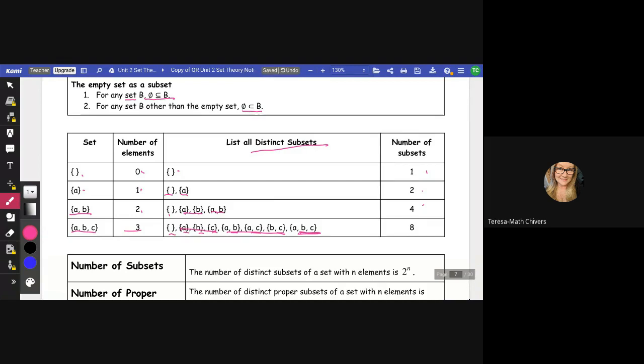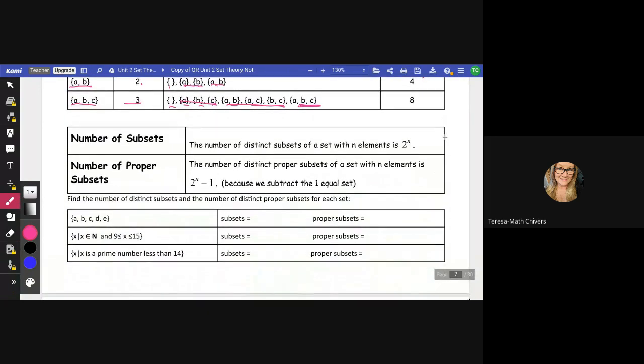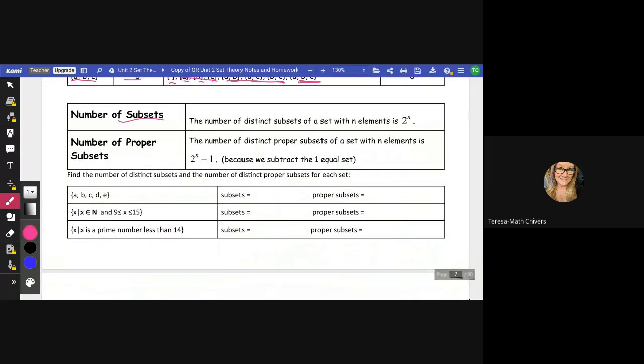And they listed all these alphabetically so they didn't accidentally duplicate one. There's a formula for the number of subsets, and that formula is 2 to the n, where the n is the number of elements in the set.